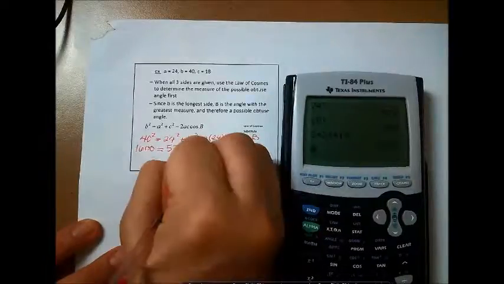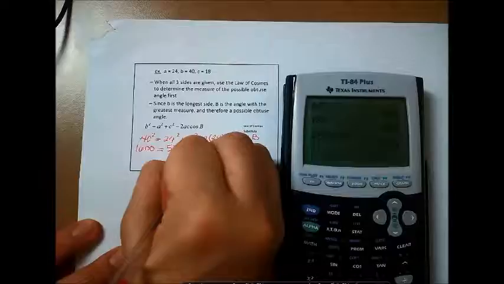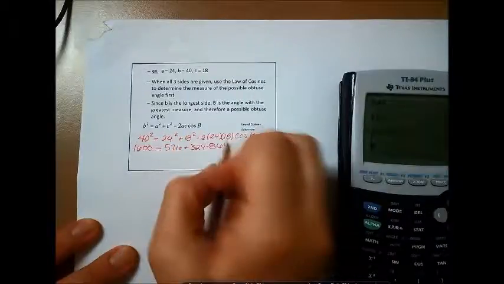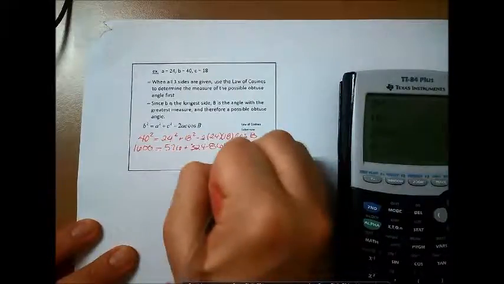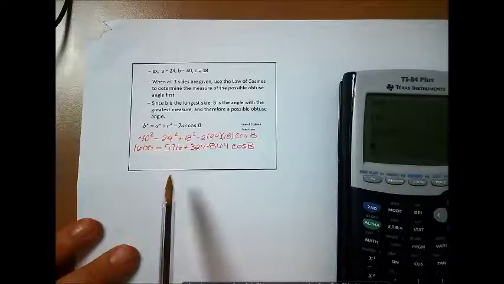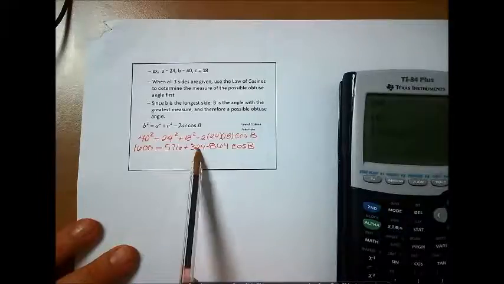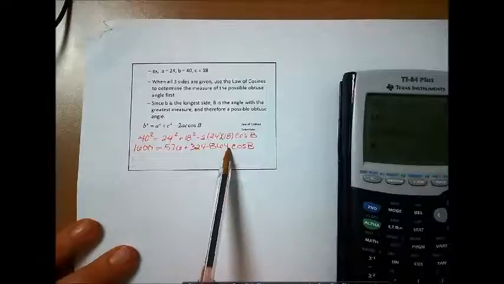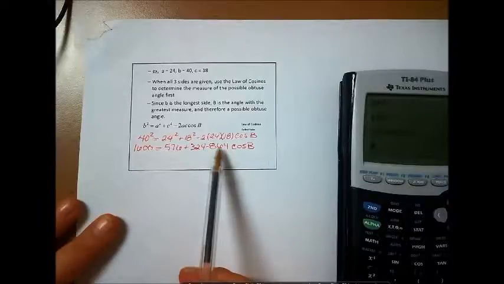Cosine B. Now, frequently, people will add these two and then subtract this one and come up with the wrong answer. Don't do that. By PEMDAS, you can't subtract this one from these two because this has to be times by this.